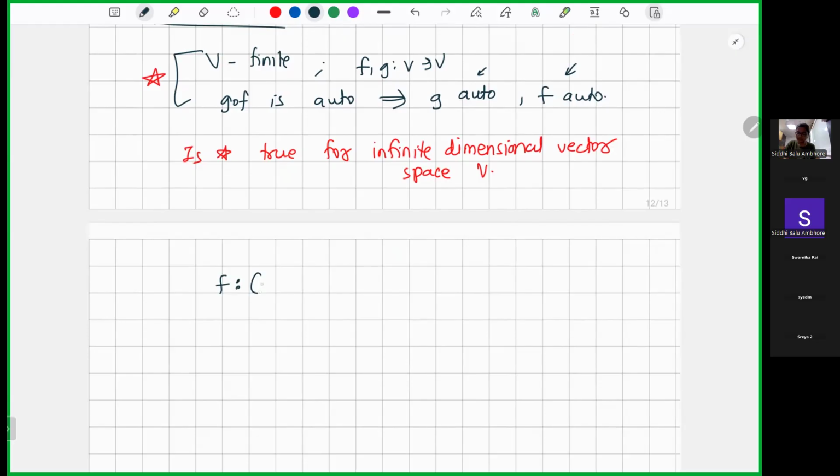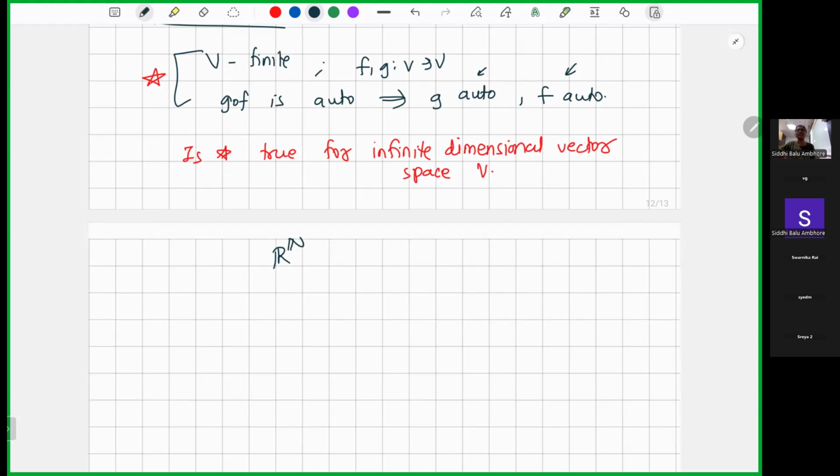So let us define F. Suppose V is R infinity, or rather, infinity is not the correct notation, let us take Rn.